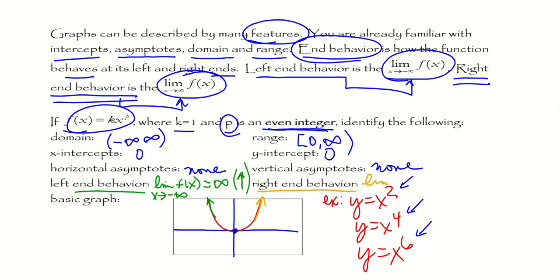That would be the limit of our function as x approaches positive infinity, which we can see as infinity, right? Or again, that right end behavior is up. So sometimes when we describe end behavior, we would say that this graph has an end behavior that is up to the left, up to the right, right? And whenever our power is a positive, even integer, it has a shape similar to a parabola, though it may not always be a parabola.